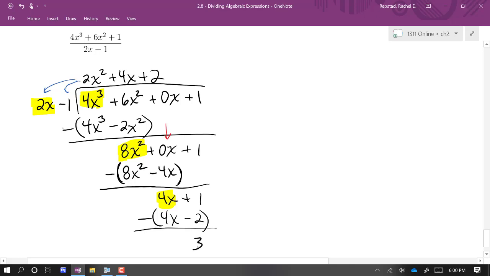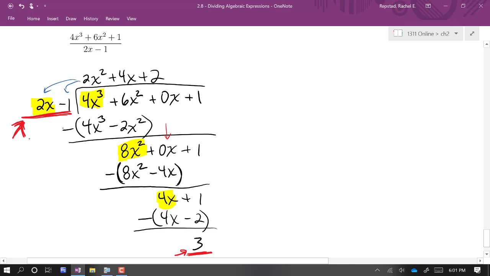And here's when I know I'm done. When you subtract, and the degree of what you're left with after you're done subtracting is less than the degree of your divisor here, that's when you know you're done. So this is degree 0, 3 is degree 0 because there's no x's, and our divisor 2x minus 1 is degree 1.